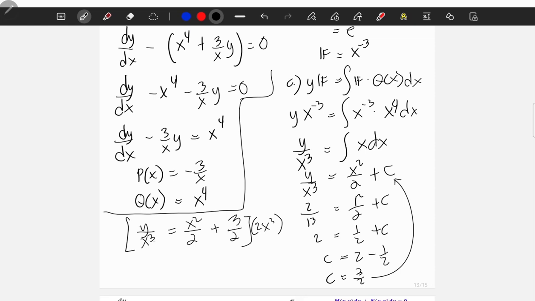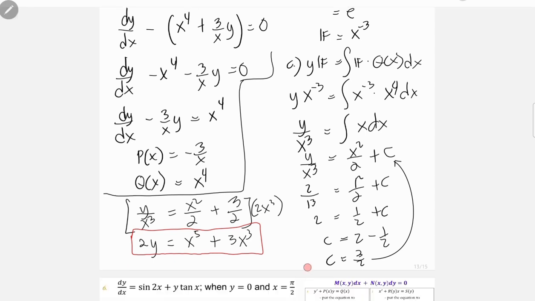If we multiply y over x cubed by 2x cubed, the result is 2y. If we multiply x squared over 2 by 2x cubed, 2 is eliminated. So the result is x to the power of 5. Plus, if we multiply 3 over 2 by 2x cubed, the result is 3x cubed. Okay? So this is now our particular solution.